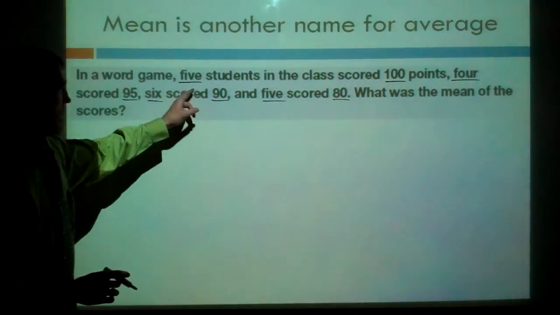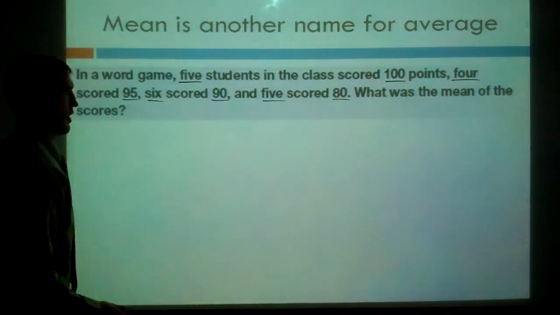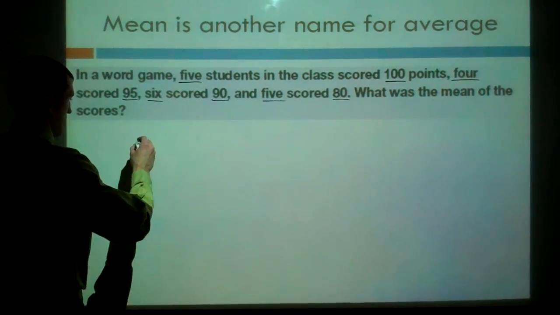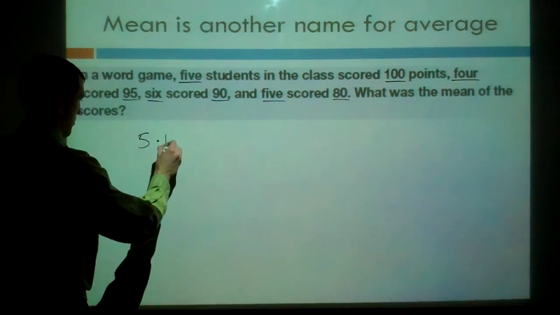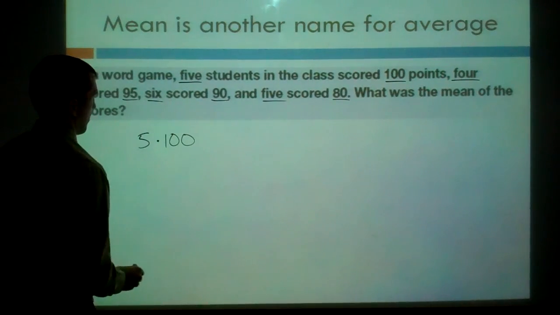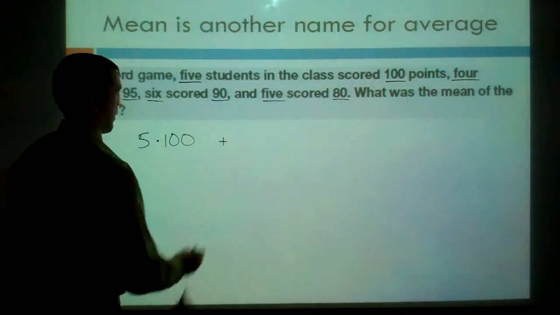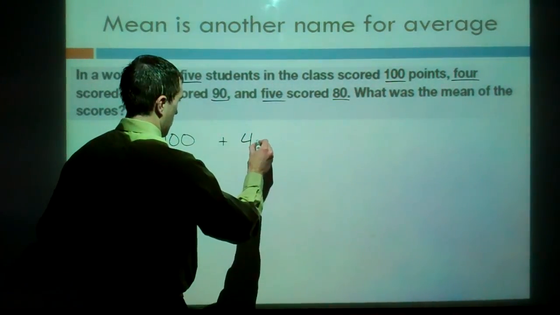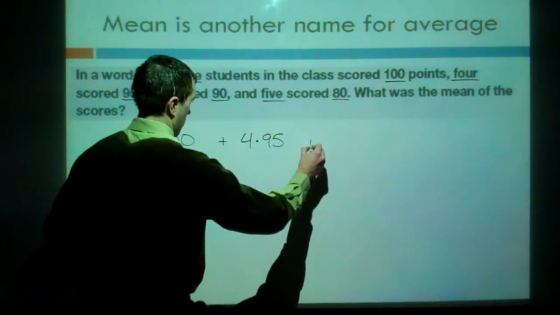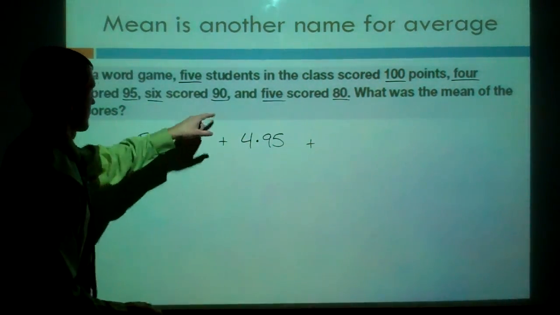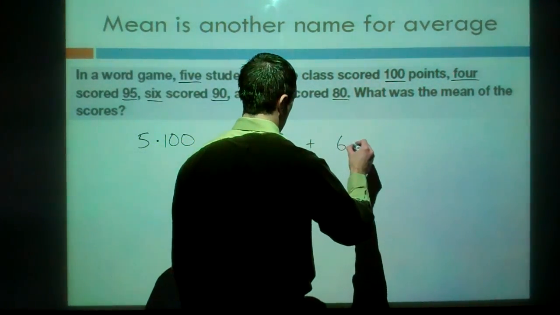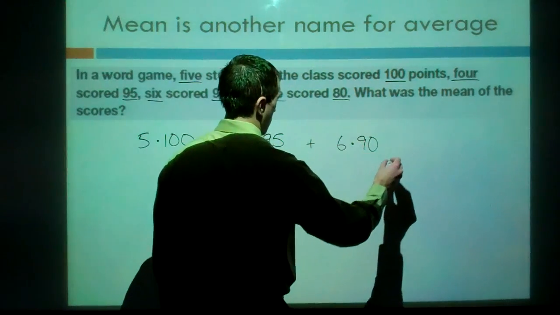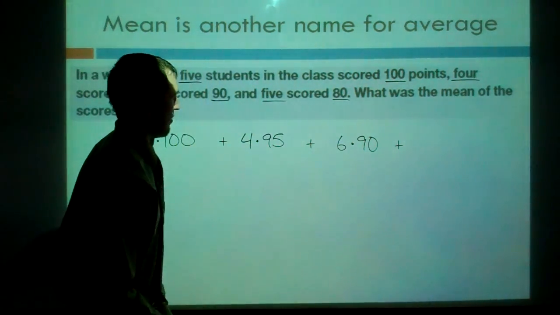We've got 5 100s. So I'm going to say 5 times 100. And we're going to add 4 times 95 plus 6 times 90 plus 5 times 80.